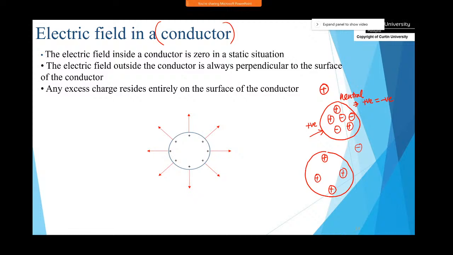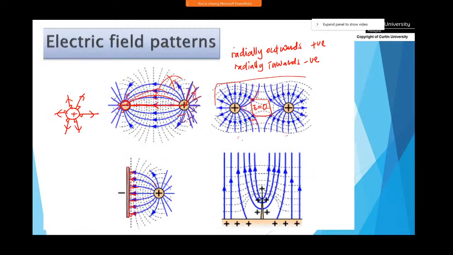What happens is the charges inside the conductor will rearrange due to Coulomb's law. Okay, so your positive charge will separate as far as possible, just like this one.